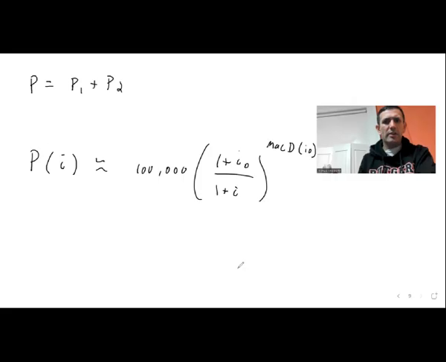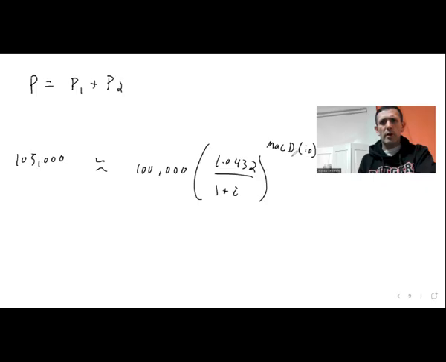We're given that the new price corresponding to the unknown interest rate is 105,000. My old interest rate is 4.32%, so this is 1.0432 in the numerator. We do not know what's in the denominator, so we're trying to figure that out.